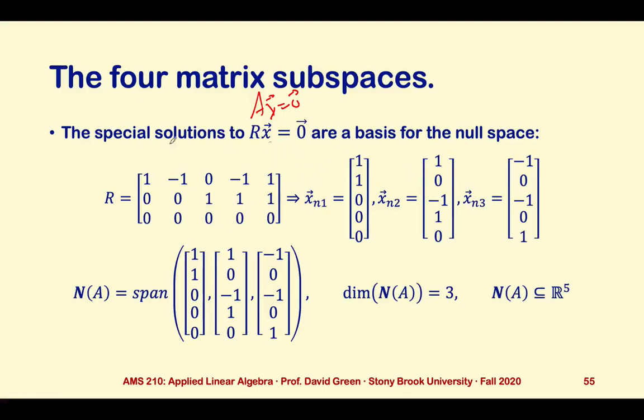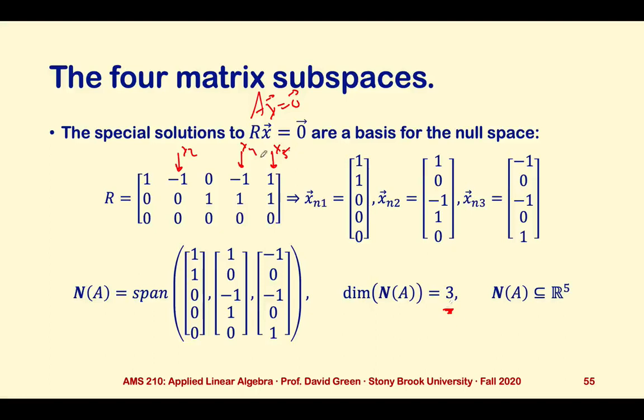This is where having gone all the way to the reduced row echelon makes things easier, because as we've seen before, we can pull out the special solutions directly from this matrix with no extra work. We identify the number of free variables. Free variables are x2, x4, and x5. There's 3 of them, so the dimension of the null space is 3.